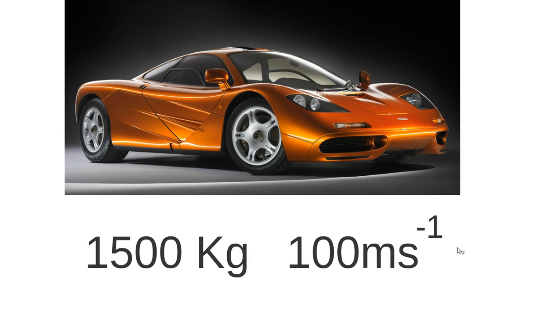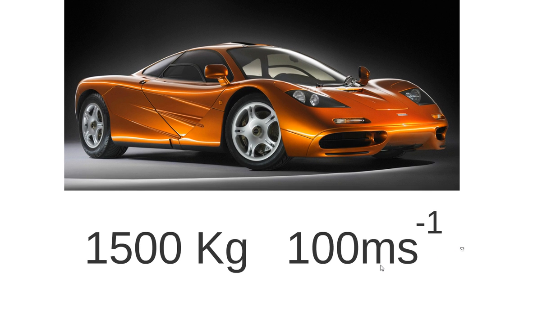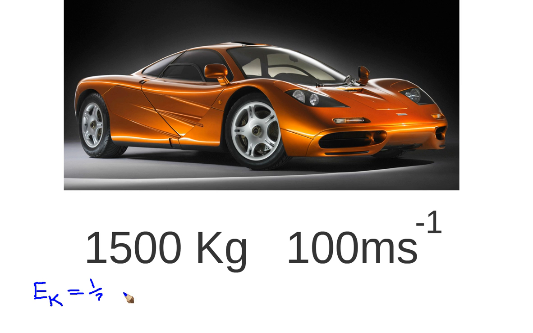Alright, so 1,500 kgs, 100 meters per second, what would the kinetic energy be? This is going to be a really big value, given my speed is ridiculously large, but anyway, we're going to say kinetic energy here would be equal to half mv squared.